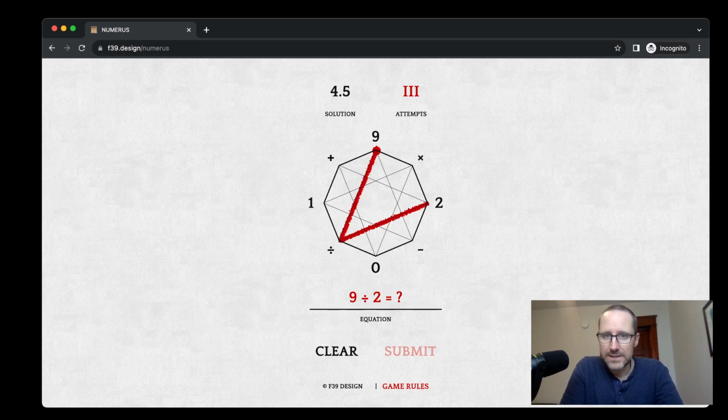What we want to do next is add a 1 times 0. In the order of operations, it's going to first do multiplication, division, then addition, subtraction. We don't have subtraction, it's just going to be addition. So first, division: 9 divided by 2, you cut 9 in half, you get 4.5. Then we do multiplication, and 1 times 0 is 0. So ultimately, this is going to read as 4.5 plus 0. And that's the answer that we want in order to get 4.5.